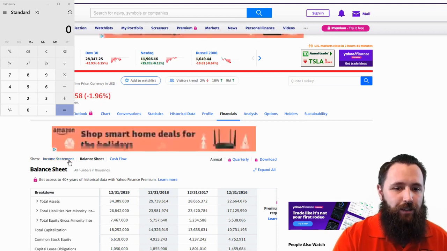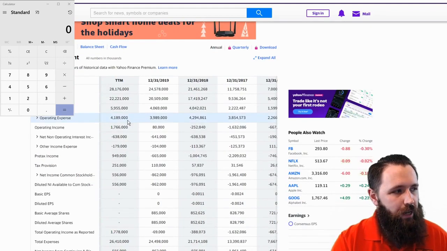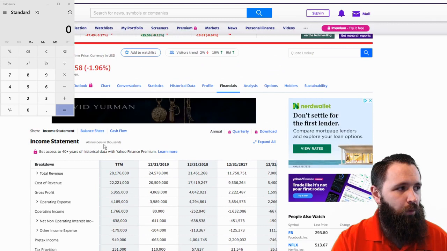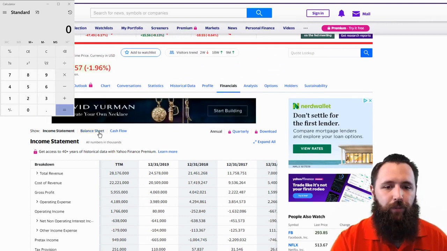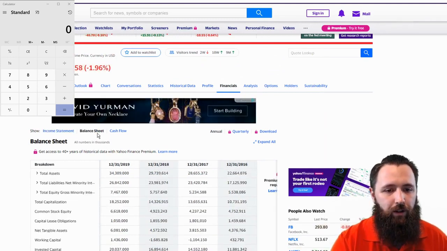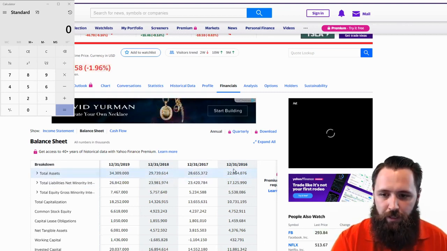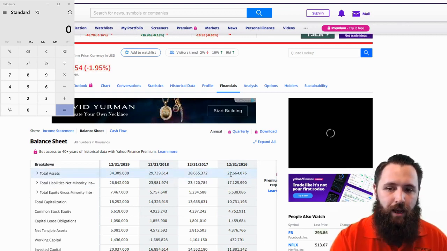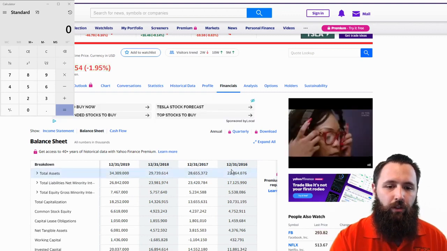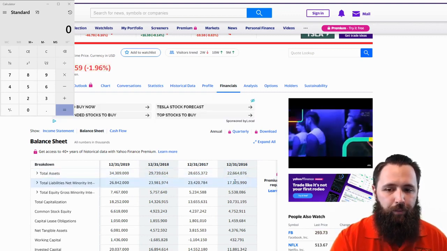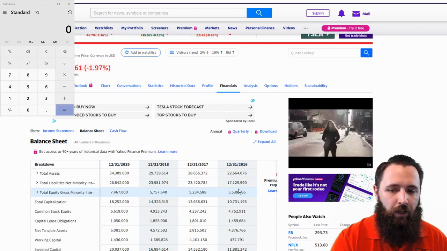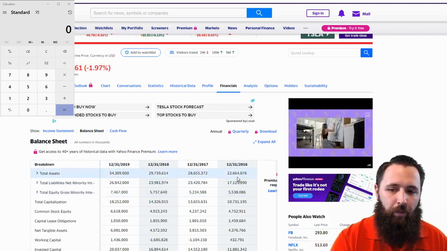If we go to Tesla here, remember we looked at their income statement? Well, what's the next statement that you could look at? The balance sheet. It's right next to it. And here you can see the dates, and you can see a snapshot on 12/31 of all the assets and all the liabilities and all the equity that is in the company.